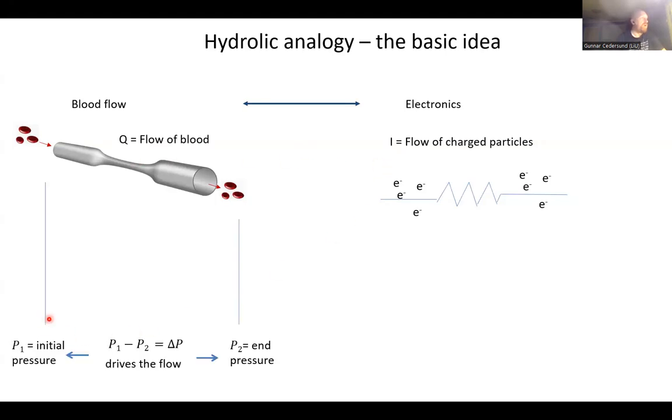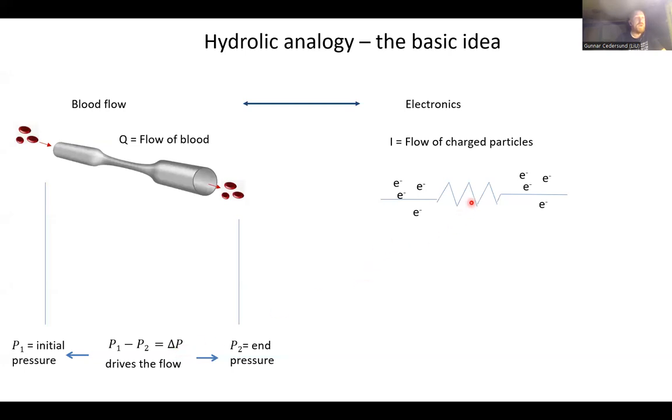And furthermore, what drives blood flow is that you have higher pressure over here than here. And that is basically what is driving the flow. So it's the difference in the pressure that drives the flow.